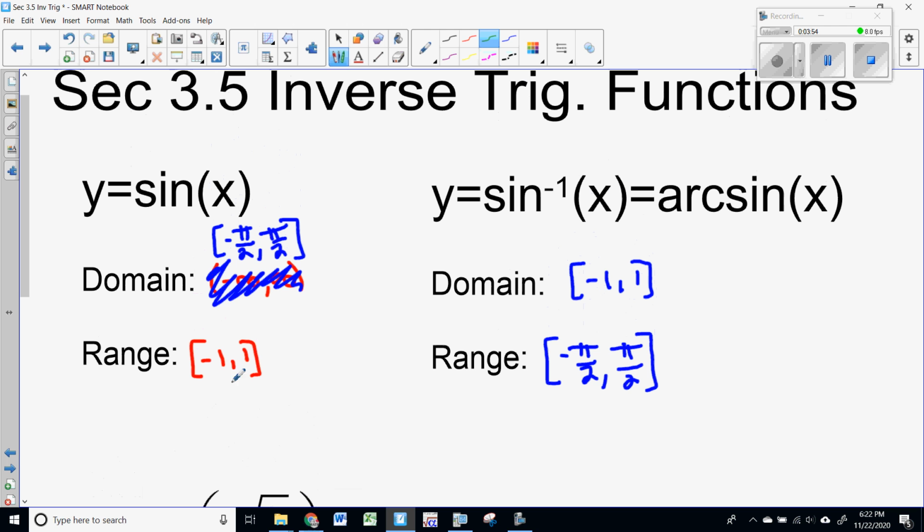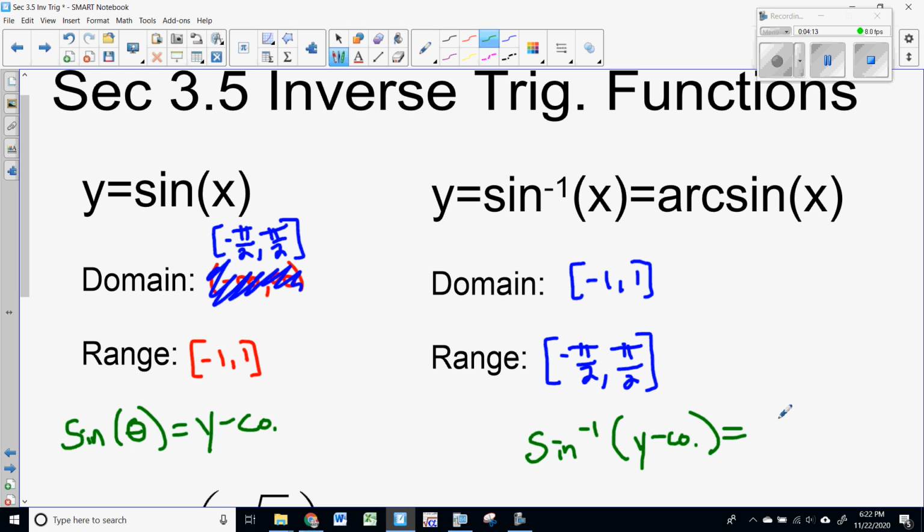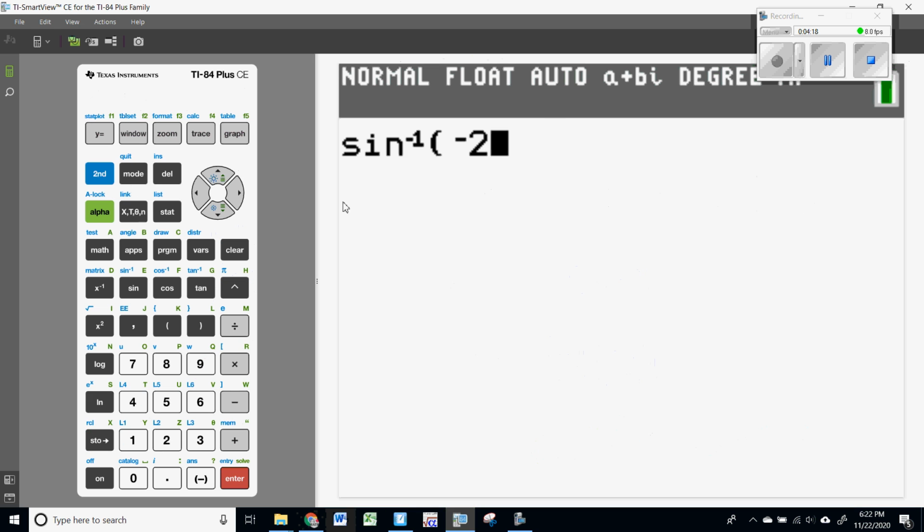the regular sine function takes some angle and gives you the y coordinate. When I do inverse, I'm taking the inverse sine of the y coordinate, and it's going to give me an angle. So if my y coordinate is 1/2, inverse sine of 1/2 says the y coordinate on the unit circle is 1/2. What's the angle? 30.